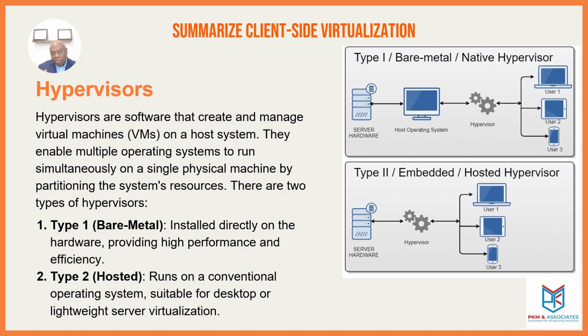Over here, you'll have an example of what a type 1 will look like, and then a type 2, which is a hosted hypervisor. The first one is the one I talked about before. You have your server hardware, your operating system, your hypervisor, and then it's tying into your different devices.